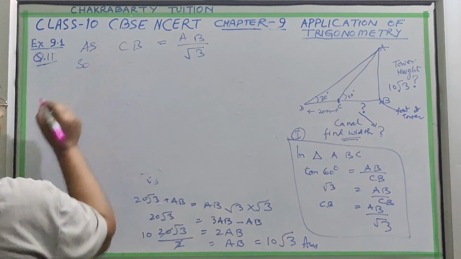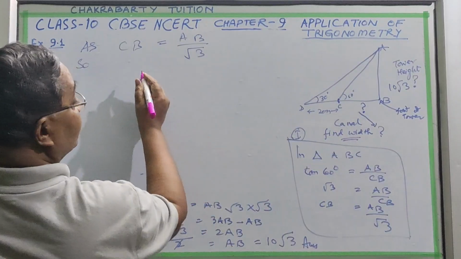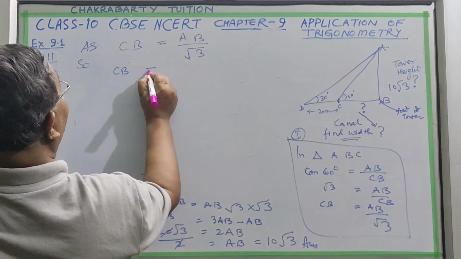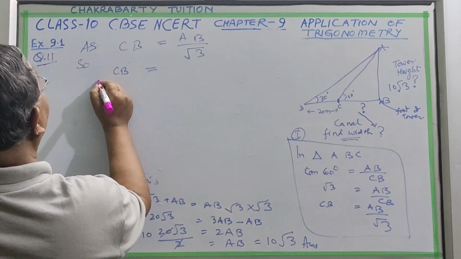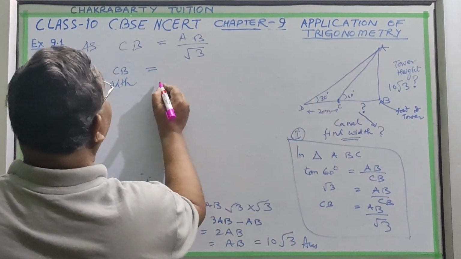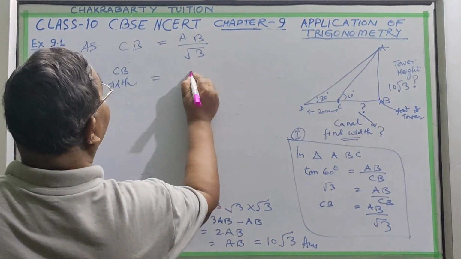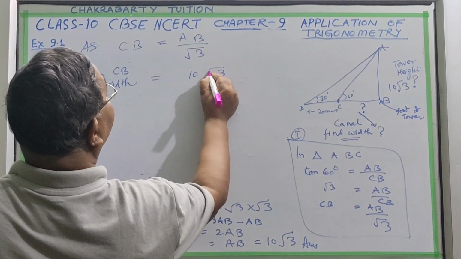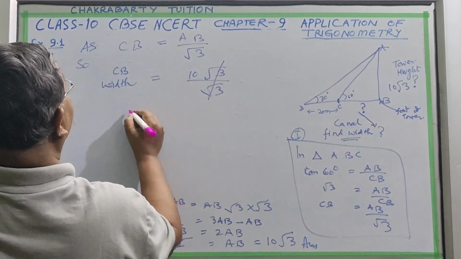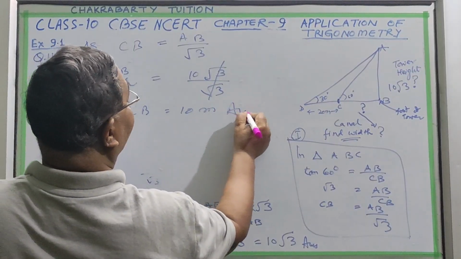For AB we can write this. CB means this distance we are going to find, so the canal width. Width is CB. CB will be equal to AB, which we solved as 10 under root 3, upon under root 3. So this we can cut. So CB will be 10 meters. So this will be your other answer.